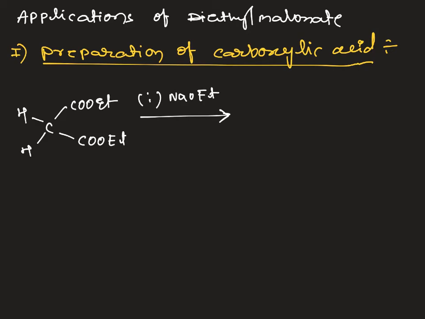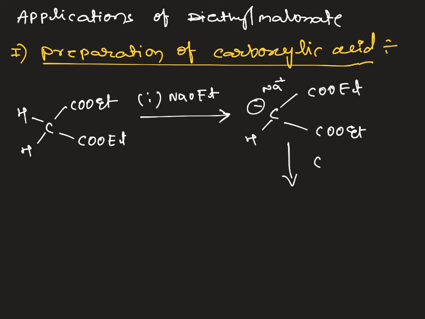is stabilized by resonance. And in the second step, when we react it with an alkyl halide, let's take methyl iodide or methyl bromide, it undergoes nucleophilic substitution and forms alkyl substituted diethyl malonate. So here I am writing for this case, the first step forms the sodium salt of diethyl malonate, which reacts with any alkyl halide, methyl bromide.